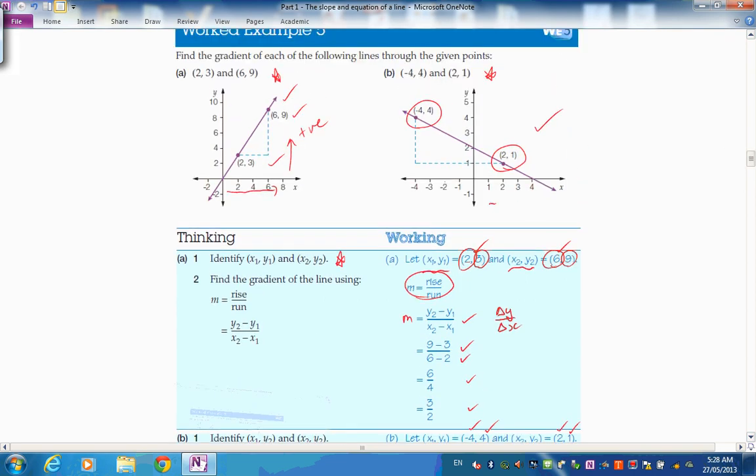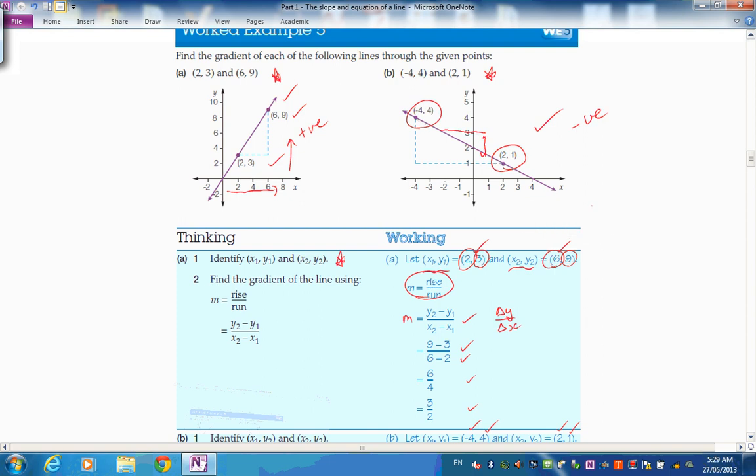As x increases along here, remember we're always increasing the value of the independent variable and then looking at the response, or how the dependent variable is changing. It's not going up, is it? As we go along, the line is going down. So this has a negative slope or gradient.